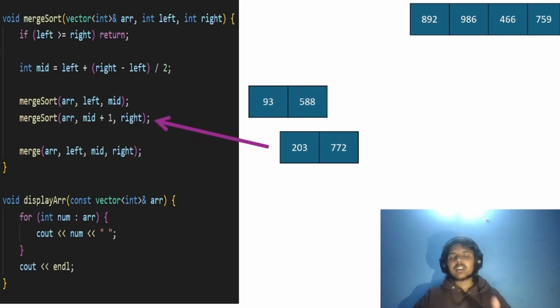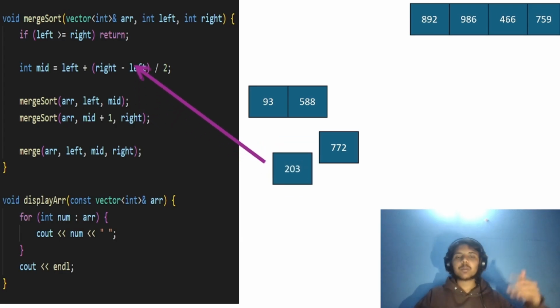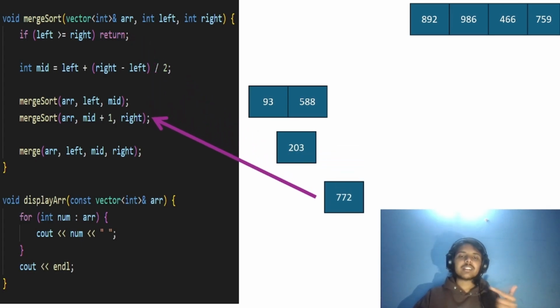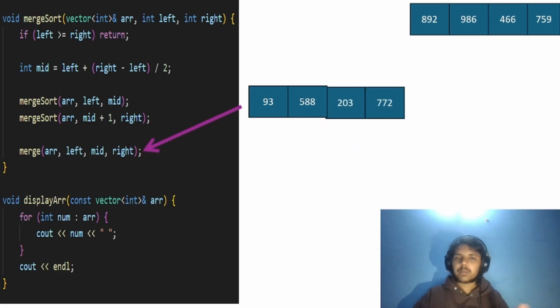And now again the leftmost sub array of the given sub array in that particular call stack will be called, which in our condition is displayed right here. And again, the leftmost part is of length 1, so it prematurely terminates because of the first line. The same thing happens with 772. Since these two elements are in the correct order, they look the same after being sorted.